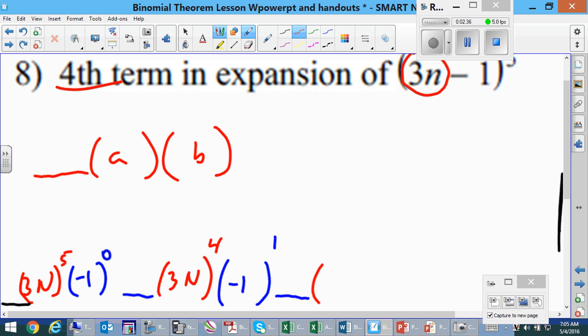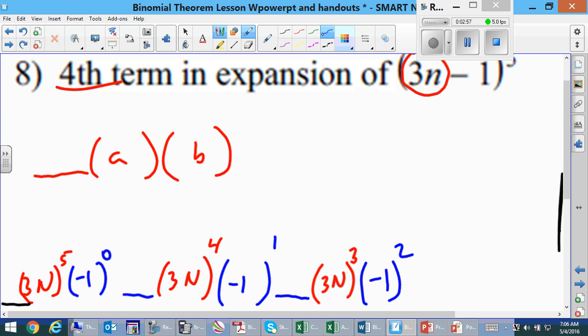It's going to have the A, 3n, raised to the 3rd power. Meanwhile, the B term, -1, is increasing in its exponent. That's the first term, the second term, the 3rd term. We'll get to the 4th term and call it good, because that's all we're looking for.